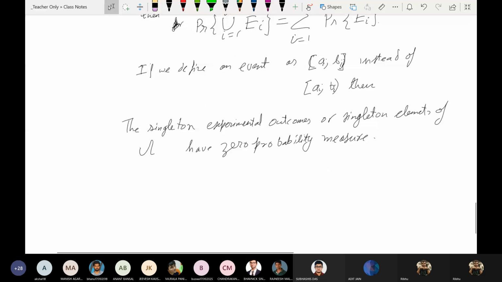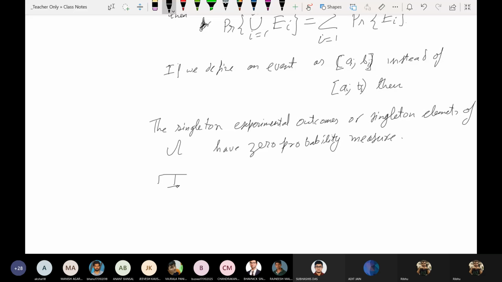Fine. So now let's come to Shubhashish's initial problem. Say, I know that, let E_i be the event that omega equal to i, where i is an integer.